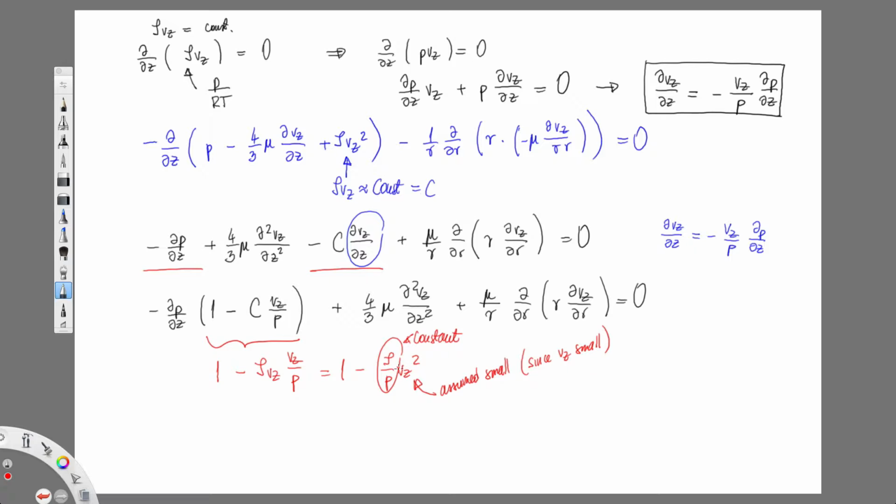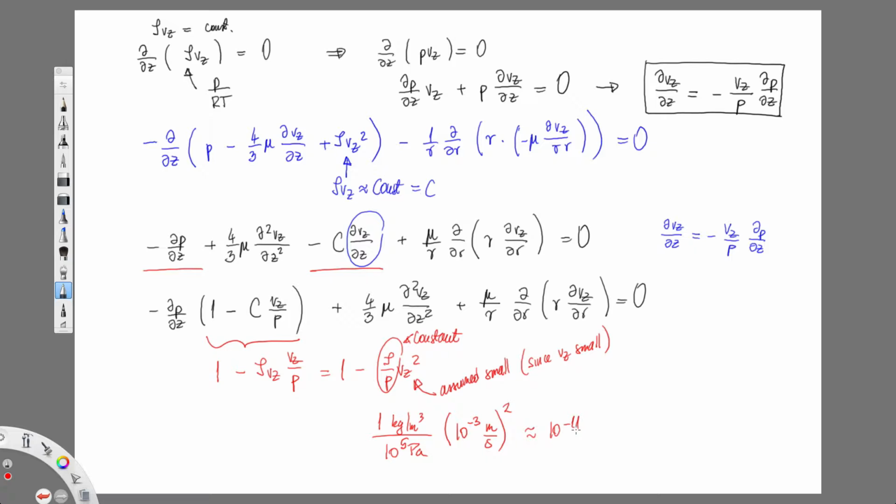So for instance, I'm going to put for rho 1 kilogram per meter cubed, and I'm going to put 10 to the 5 pascals. And for velocity, a small velocity of 10 to the minus 3 meters per second. So this is approximately 10 to the minus 11.